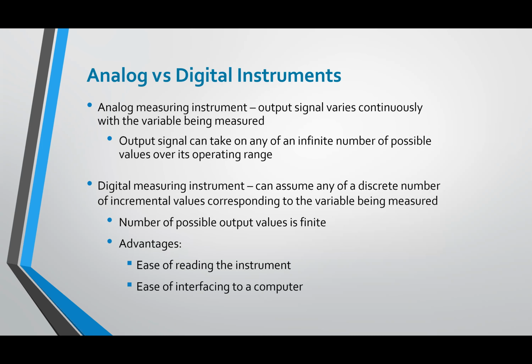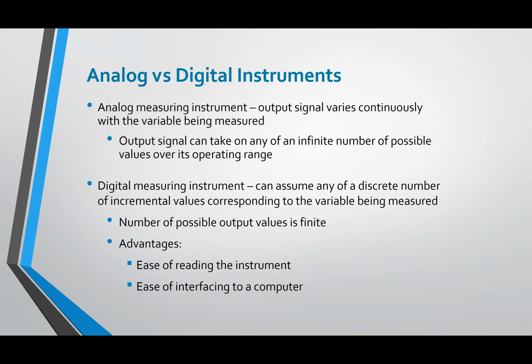So for analog instruments, we're able to have a continuous variable. We're able to move that easily, and it has an infinite number of possible values. For digital measurement, it's always going to be a discrete number that's set in advance. So maybe it's to the tenths, maybe it's the thousandths, maybe it's the 10,000ths, but those incremental values have already been established. What's very helpful, though, is that you can read it clearly.